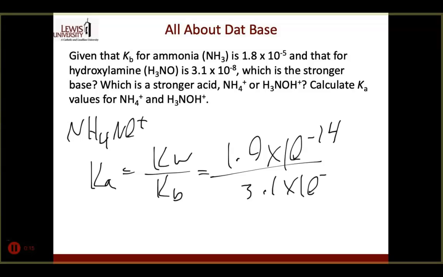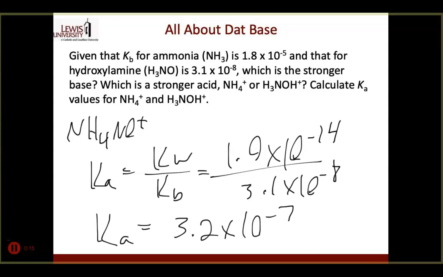This is a smaller number, so you should already know that you're going to get a larger Ka value, because whenever you divide by a smaller number, you get a larger corresponding value. And so this gives us a Ka of 3.2 times 10 to the minus 7th.